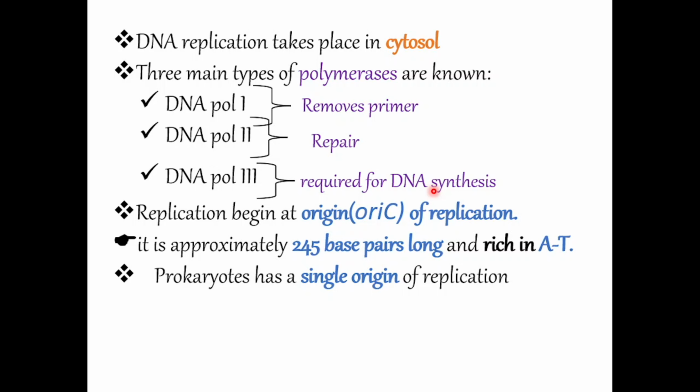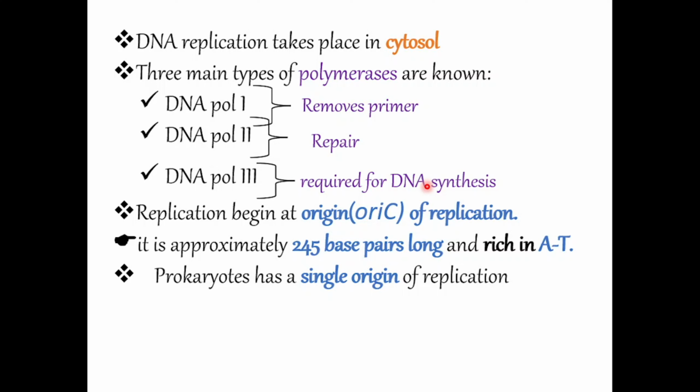A new nucleotide will come and attach at the 3' hydroxyl group of the sugar, then again a phosphate will come and attach at that region. In such a way, elongation is carried out. So in that case, DNA polymerase III is involved.